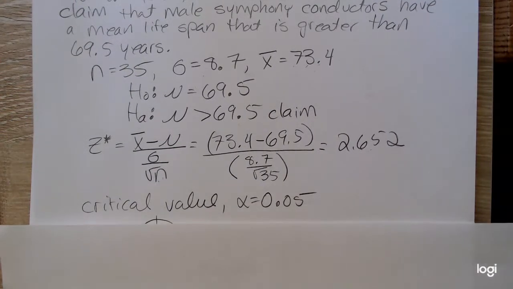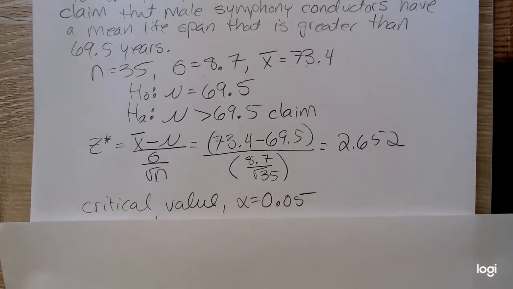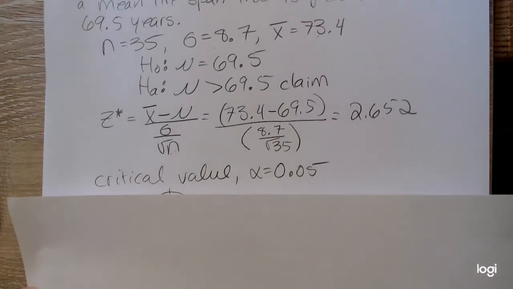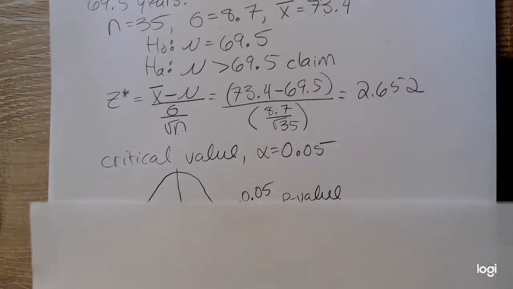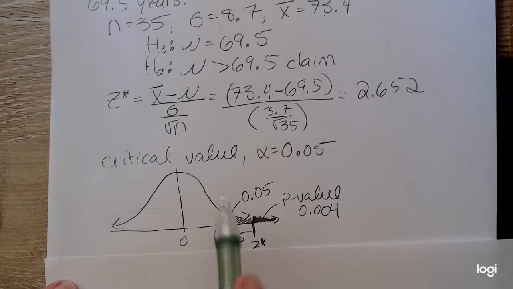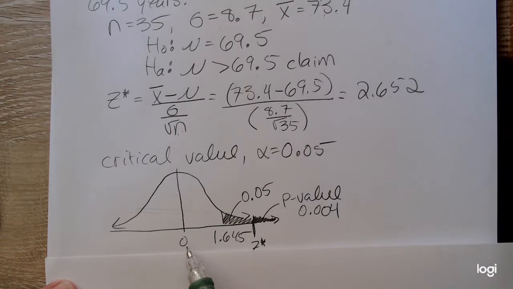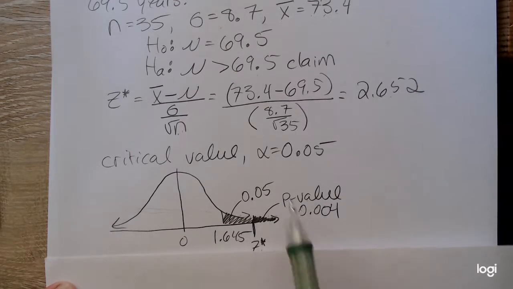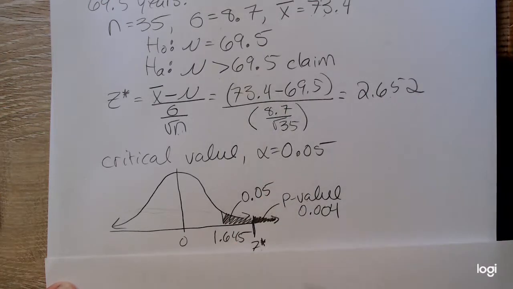To find the critical value, you need to use the level of significance, alpha, which is 0.05. That is an area. And sketching the standard normal distribution, shading the area of rejection and indicating that area of rejection is 0.05. I'm shading the area of rejection on the right because this is an upper tail test or right tail test.